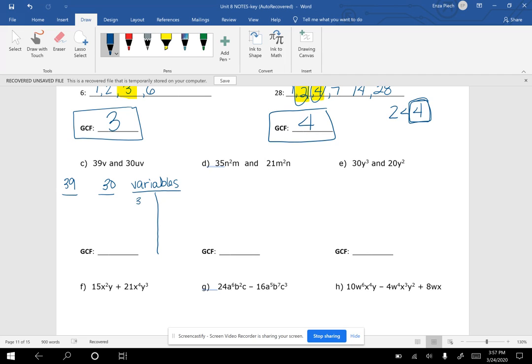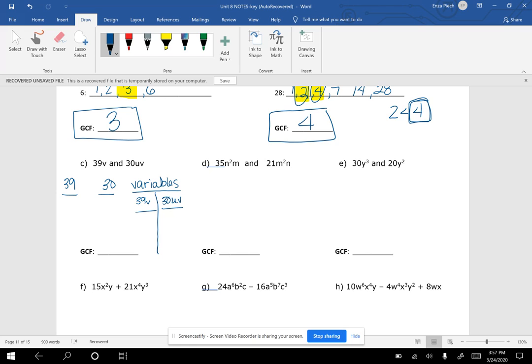So we are given 39v, and then we are also given that 30uv. So what we need to make sure we're doing is we need to identify all of the factors as much as we can, break it down into small pieces and terms.